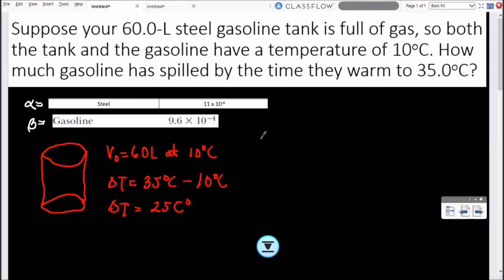So the amount of the gasoline that spills out of the tank will be, of course, the change in volume of the gasoline minus the change in volume of the steel tank.